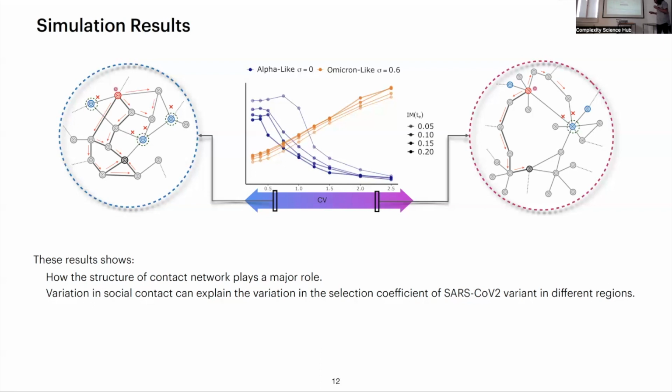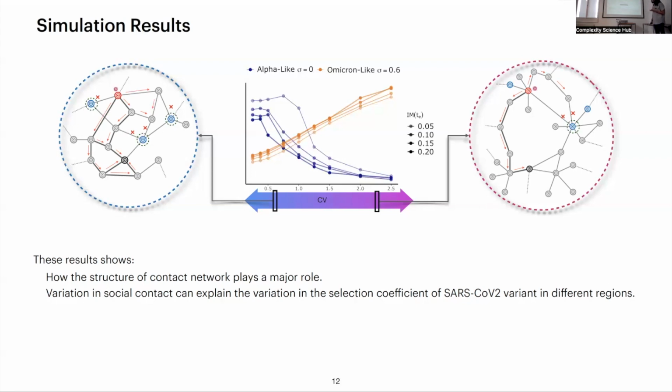Okay, these simulation results show us that, first of all, the structure of the network plays a major role. Then dispersion in degree distribution favors a variant with immunity evasion.